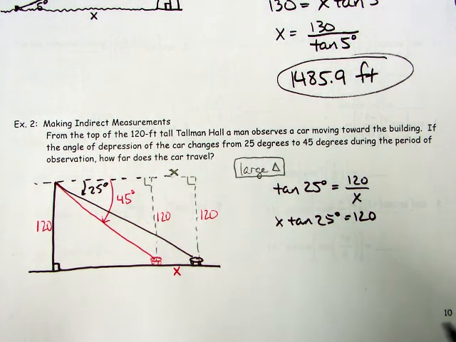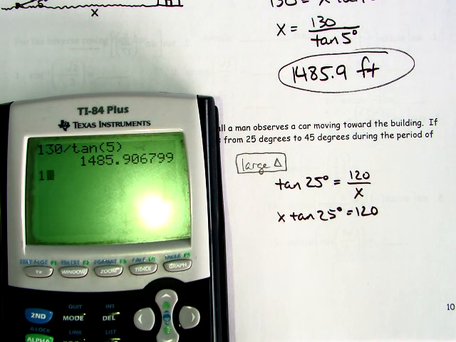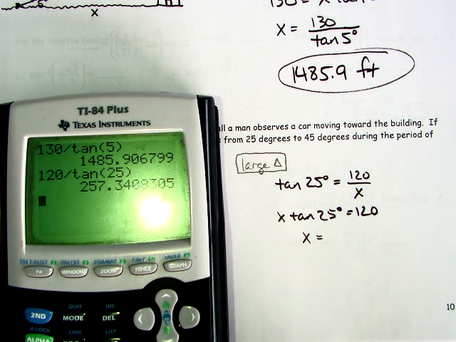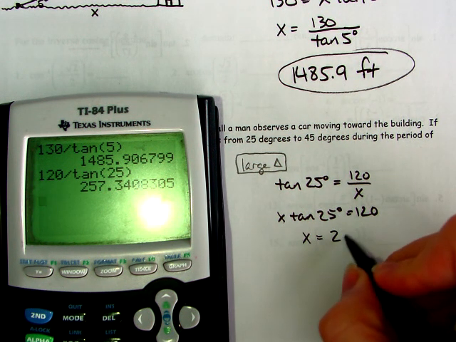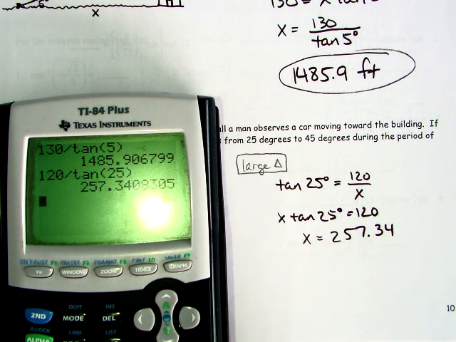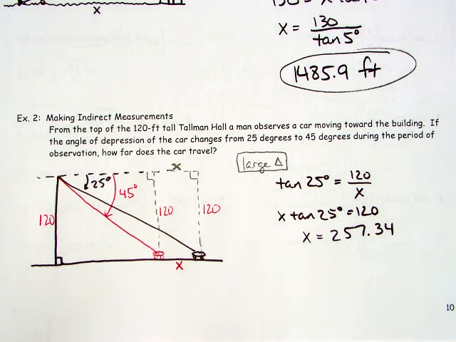Dividing by the tangent of 25, I need to take 120 divided by tangent of 25. There you go. We get X to be 257.34. We'll go a little bit more accurate here, especially since we're going to have to do another calculation with it. So that's the adjacent side for the larger triangle.